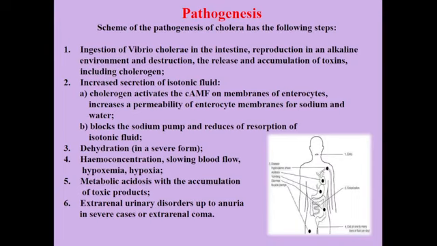Then dehydration comes in severe form, hemoconcentration, slowing blood flow, hypoxemia and hypoxia, metabolic acidosis with the accumulation of toxic products, extra-renal urinary disorders up to anuria in severe cases, or uremic coma.